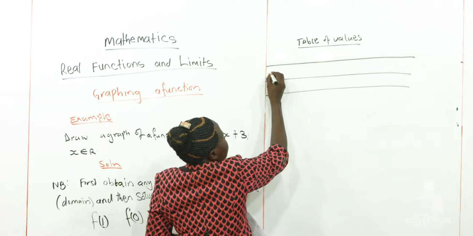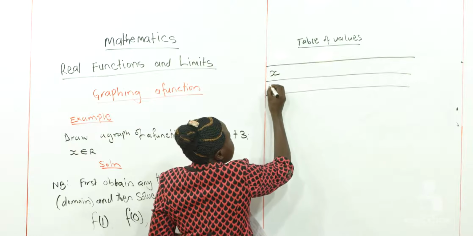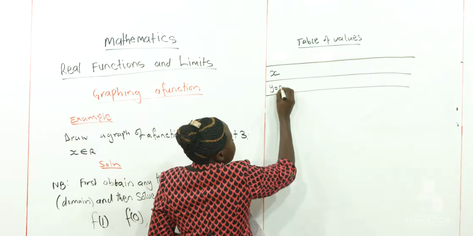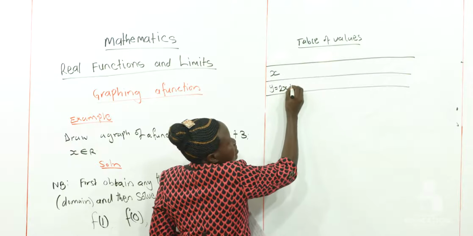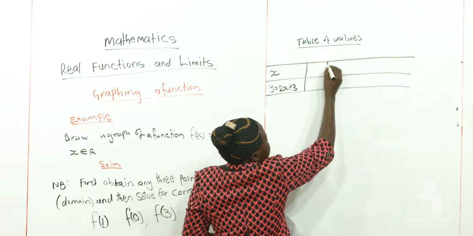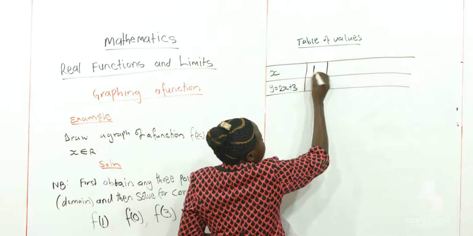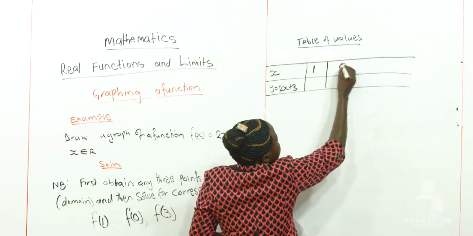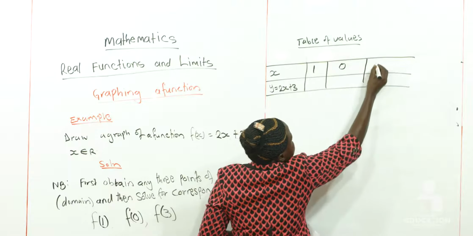The first is x, and then y, which is given as 2x plus 3. Then you say, if x is 1, and then if x is 0, and then if x is 3.